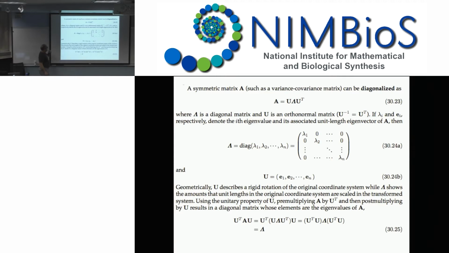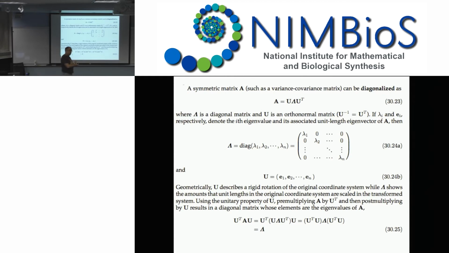But the reason that's nice is if I pre-multiply A by U transpose, post-multiply by U, I get this diagonal matrix back out again. Now this is a critical thing. It means if I have a set of data which are correlated, when I multiply them by the appropriate transform, what happens is they become uncorrelated.